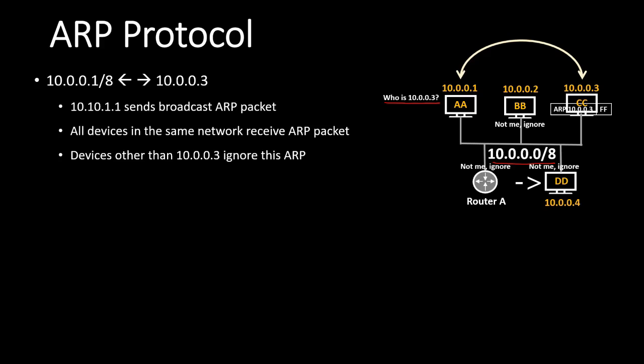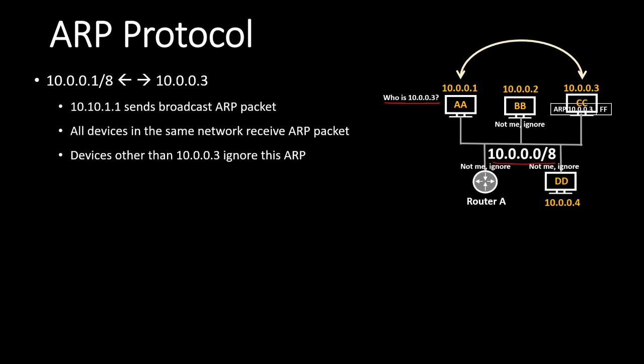The same applies to this device here. It is not 10.0.0.3, so it simply ignores this message. The only device that processes this message is 10.0.0.3, so when it looks inside, it finds that it is an ARP inquiry looking for the MAC address for the IP address 10.0.0.3.